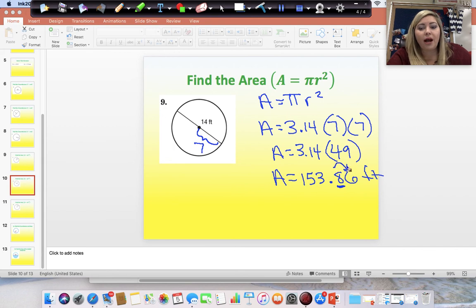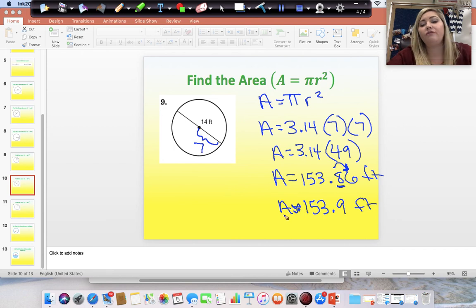Look at the number behind it, and if that number is 5 or higher, you're going to bump this number up 1. So our area would actually be 153 and 9/10 feet if we were rounding it. It would be about 153.9 feet.